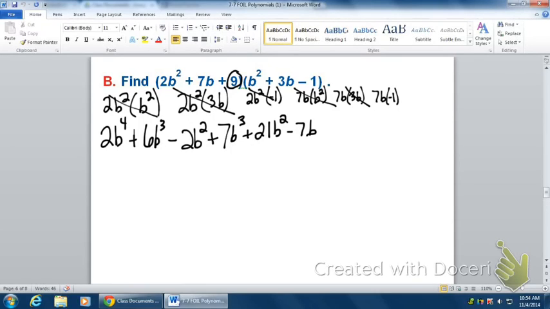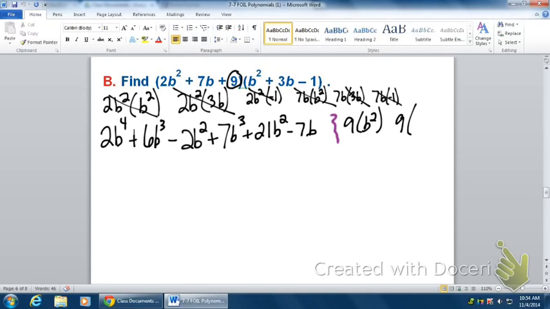Okay. Now, let's distribute that 9 right now so that I can add those terms to it. I'm going to distribute it over here on the side. Okay, so I got 9 times b squared.